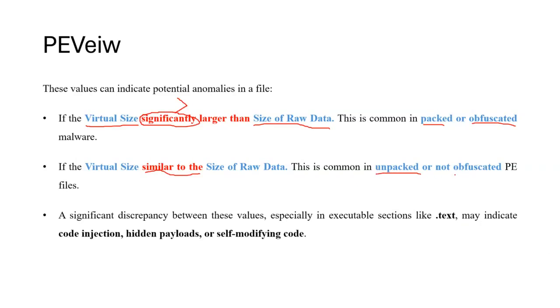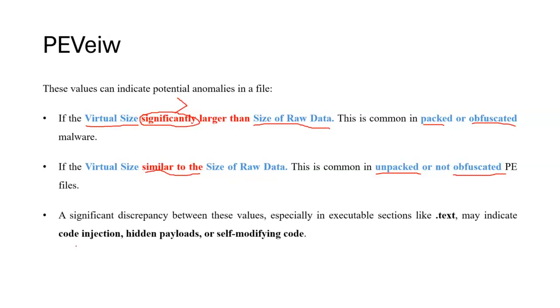We don't have hidden information in it, nothing suspicious. But if the difference is significant, much larger than the other one, then we say this is a suspect. Something is being hidden in it.